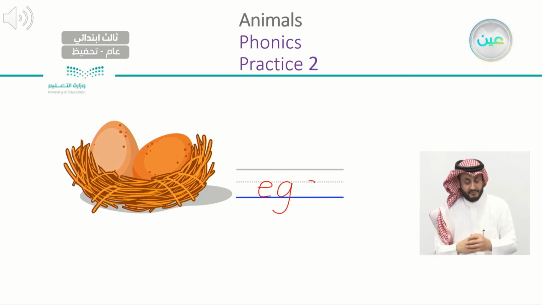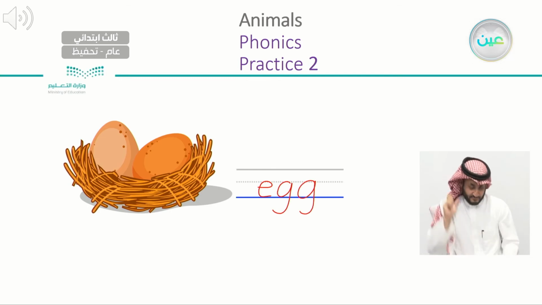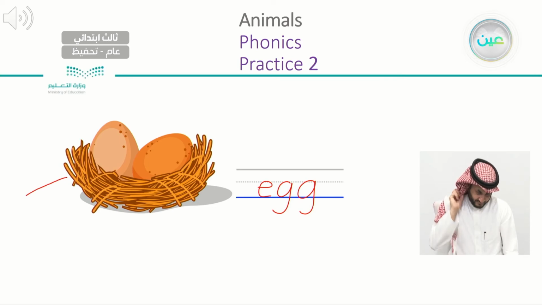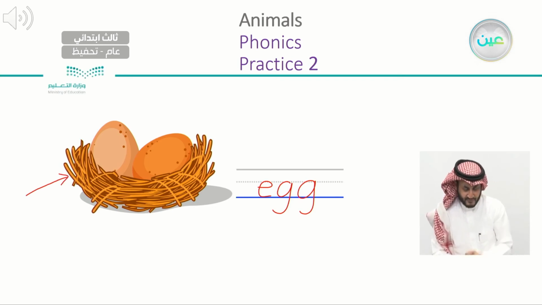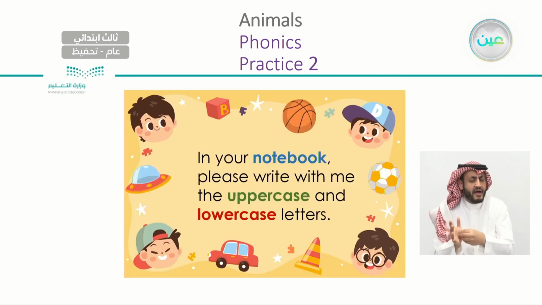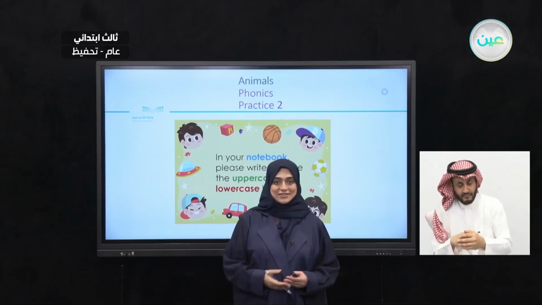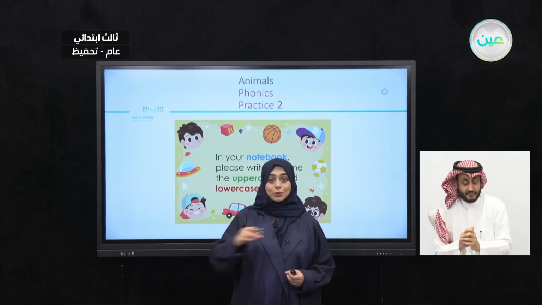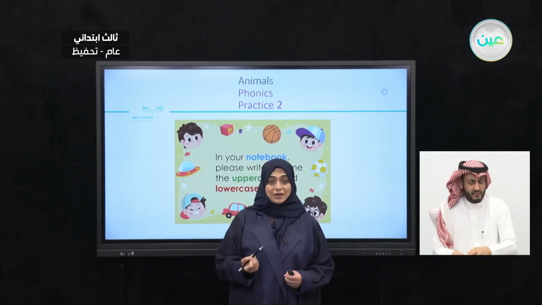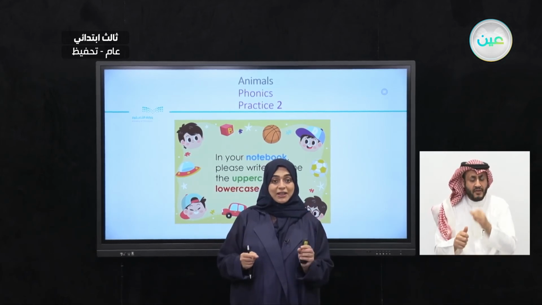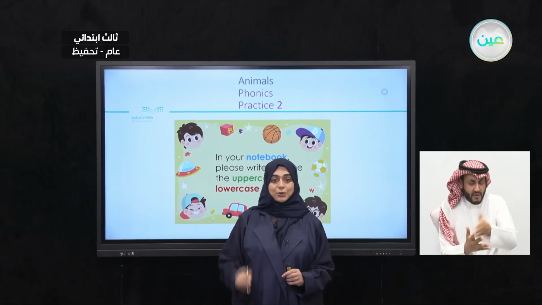We add another G. Excellent. Egg. And where is the egg sitting? This here is a nest, right? Okay, so how was it? We wrote the whole word. We explored the sounds of the letters, not just at the beginning, but within the entire word.